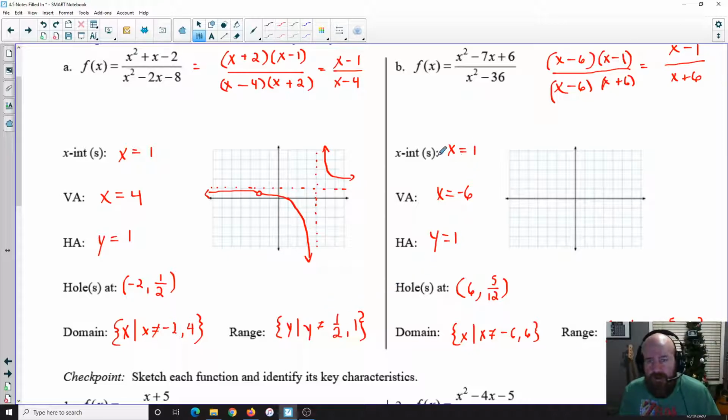Alright, so graphing, we go x-intercept at 1. We have vertical asymptote at -6. Horizontal at 1.